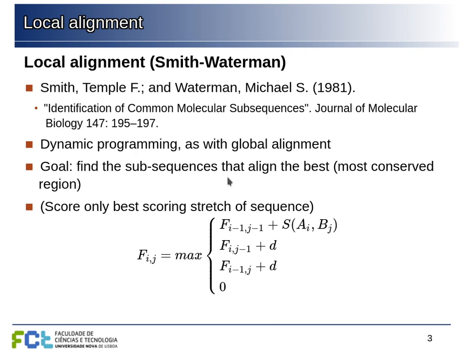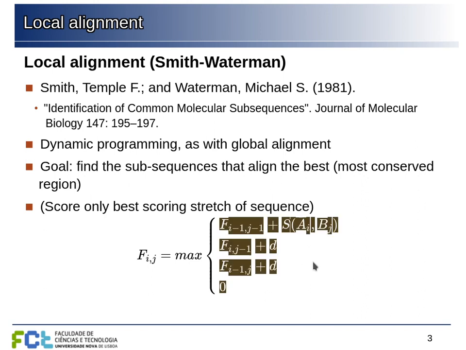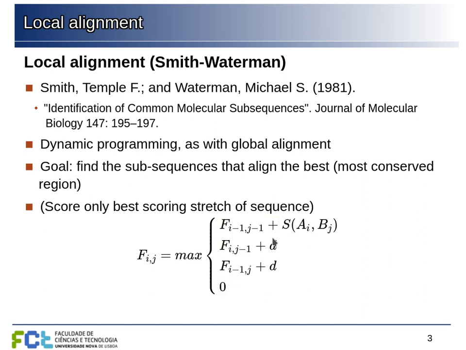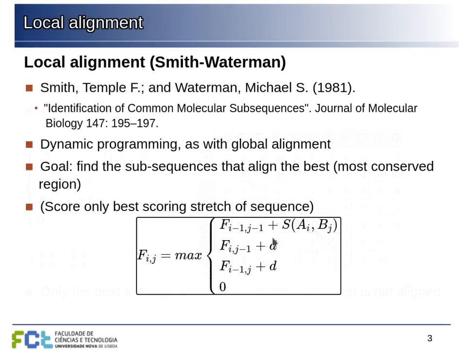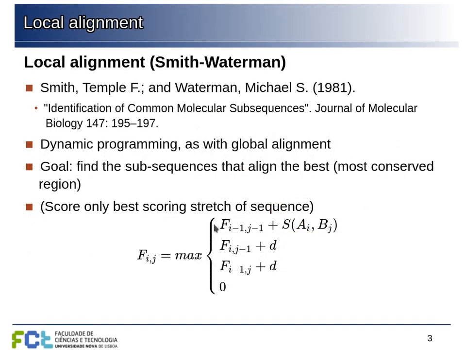And the modification here to compute a local alignment is to, in addition to consider these branches that we saw previously for computing the maximum score at each position in our alignment score matrix, we are going to consider also the possibility of matching the current residues.